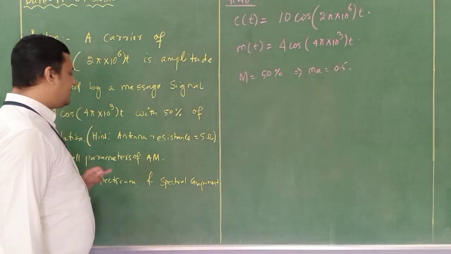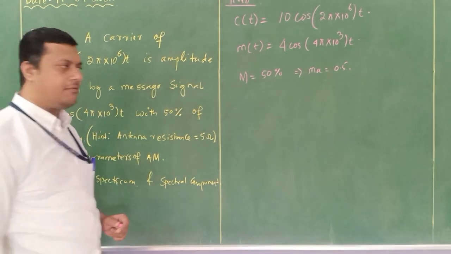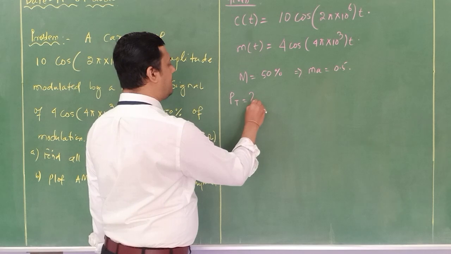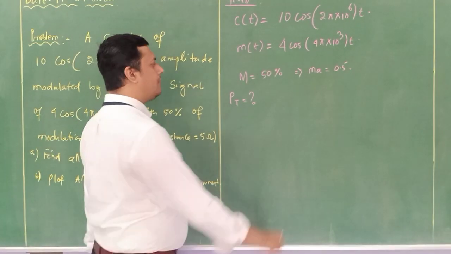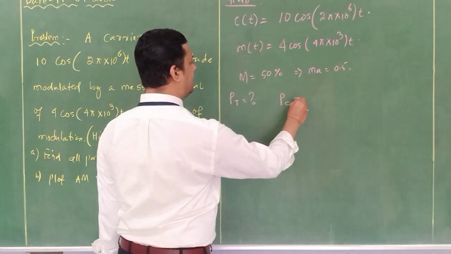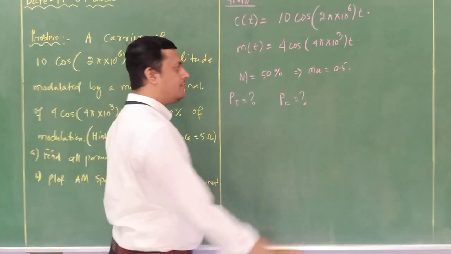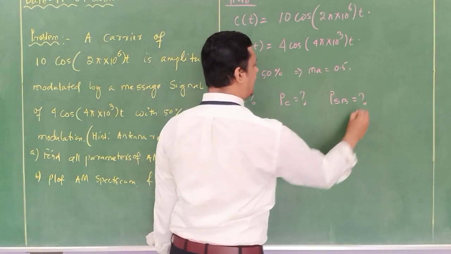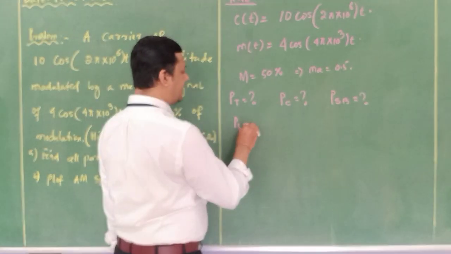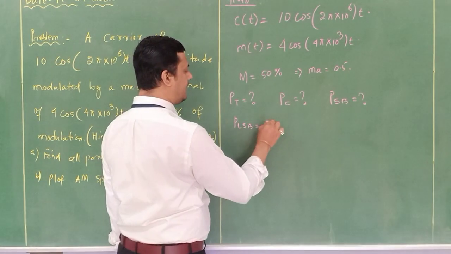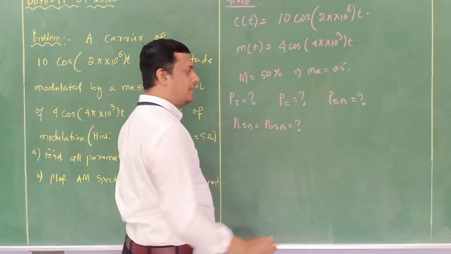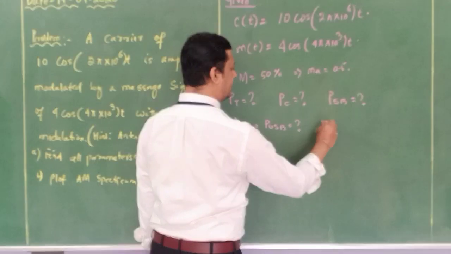Now we have to identify all the parameters of AM. All parameters of AM means we have to calculate transmitted power, carrier power, sideband power as well as lower sideband power and upper sideband power, and efficiency.